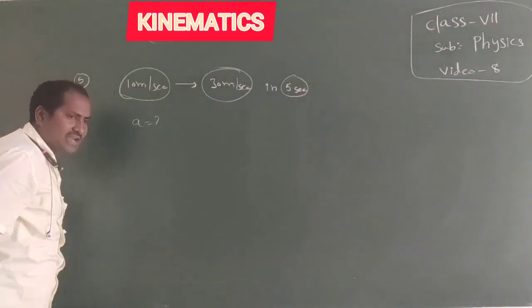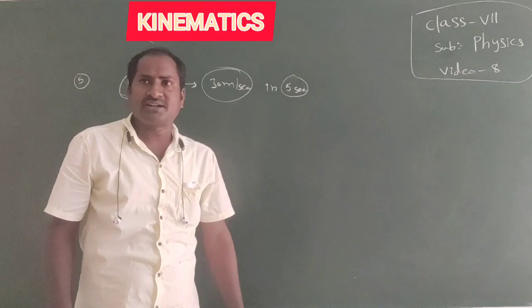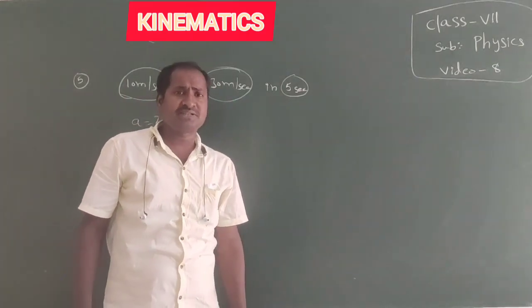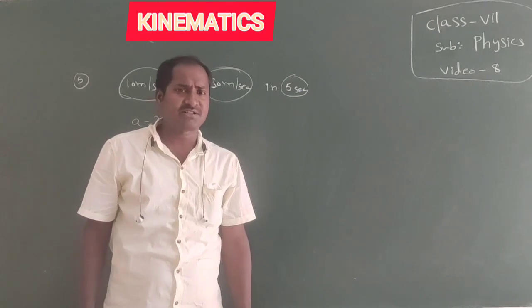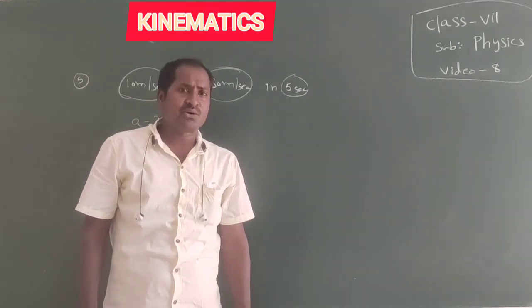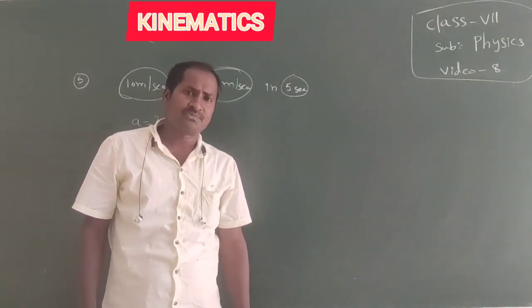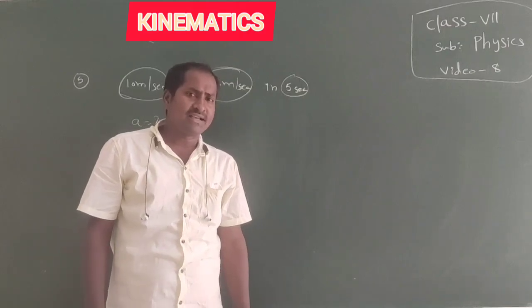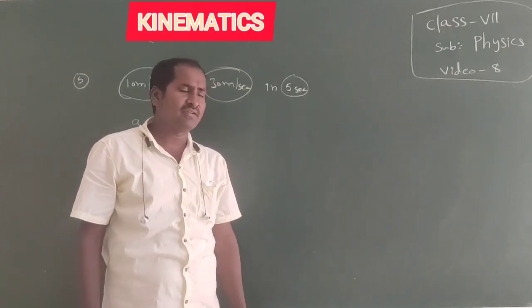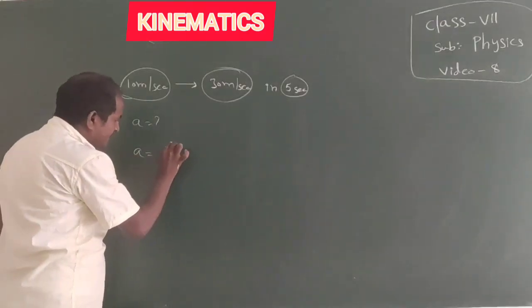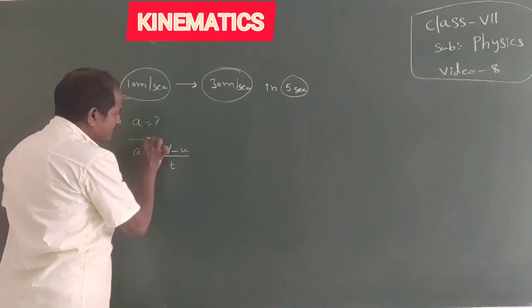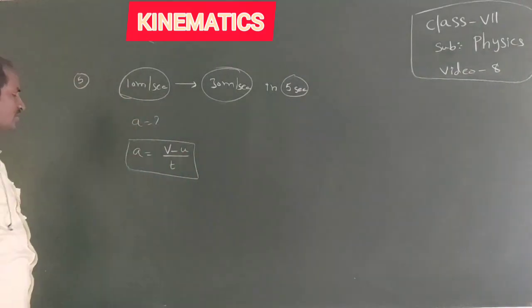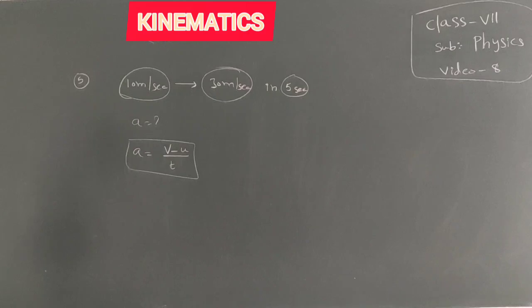So what is meant by acceleration? Acceleration means the rate of change of velocity with respect to time. So acceleration equal to change in velocity by time, that is, final velocity minus initial velocity by time. So a equal to v minus u by t.